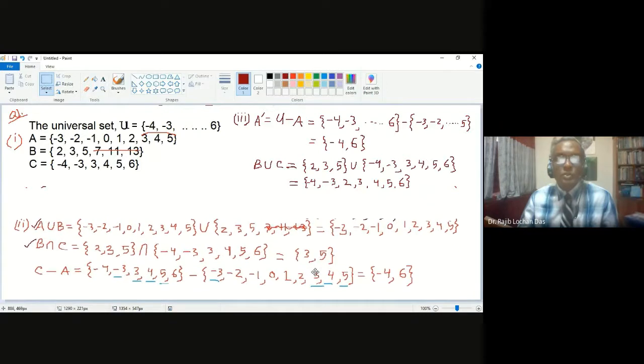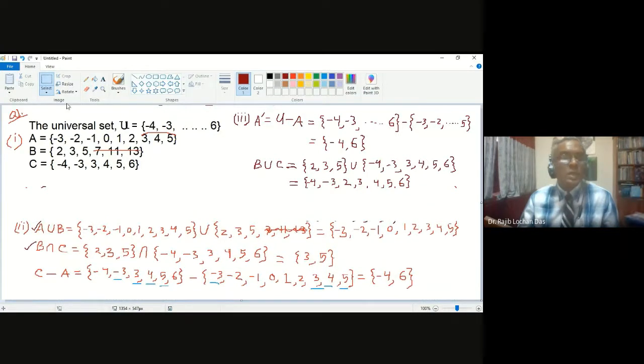So let me write it down: B union C prime will be the universal set minus B union C. The universal set you already know, and B union C you already know. Now you can find what the elements will be here. Empty set. So what will be the elements here?